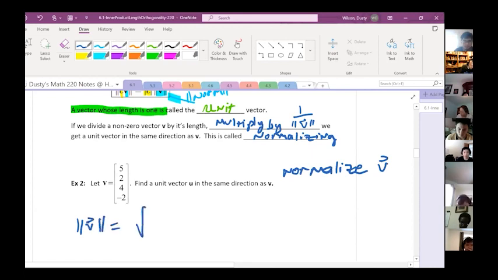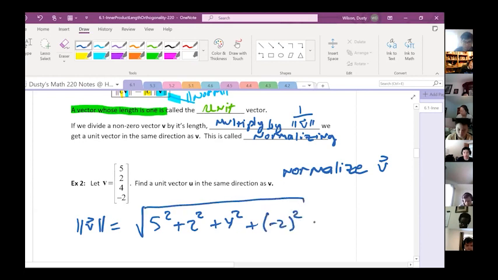This is going to be the square root of 5 squared plus 2 squared plus 4 squared plus negative 2 squared, which is a funny way of saying square root of 49, I think. Which is pretty close to 7.